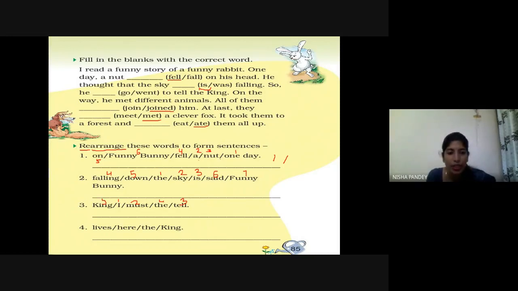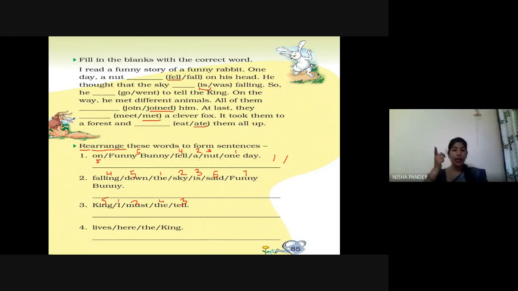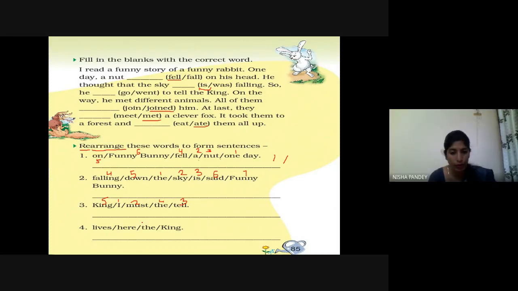I must tell the king. Who said this sentence in the lesson? Funny Bunny. And when he thought this? When a nut fell on his head, he thought the sky is falling down. And now I must tell the king. अब मुझे पक्का से ये बात किसको बतानी है? King को बतानी है. So it was like that.